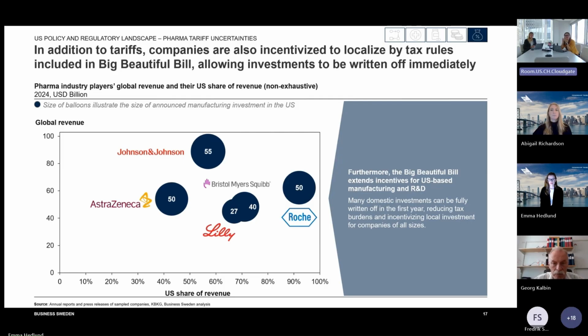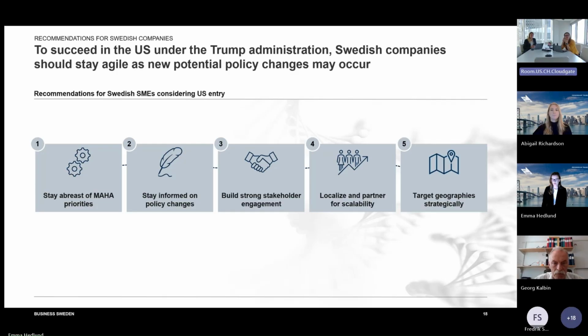But to wrap all of this up, I know we've tried to put a lot of information in a short amount of time. Just to sum up what we've discussed and what we think are some of the key considerations and recommendations for all of you and for Swedish companies is to really stay abreast of the MAHA priorities. So we've talked about the digital health focus, the focus on prevention, and all of these items.